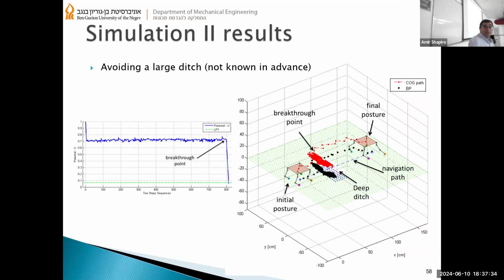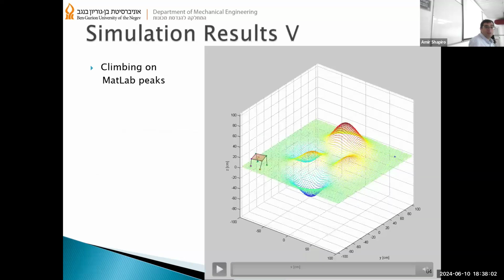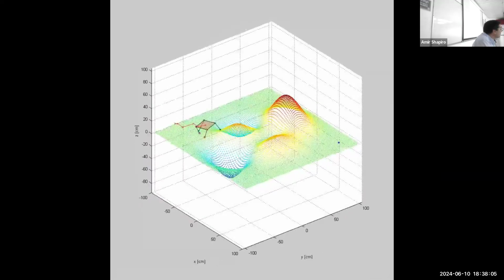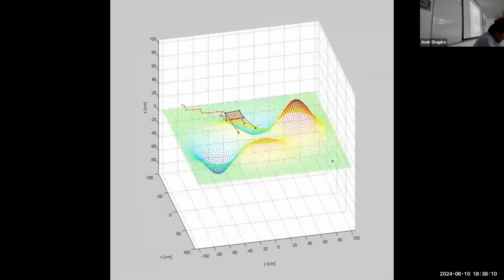And here is another case where we have a place that the robot cannot move. And this is actually a local minimum. And it fills the local minimum until it finds a breaking point, the point to move out of this local minimum. And after post-processing, there is a waypoint in the middle. And this is an example of how it works on some kind of challenging terrain.